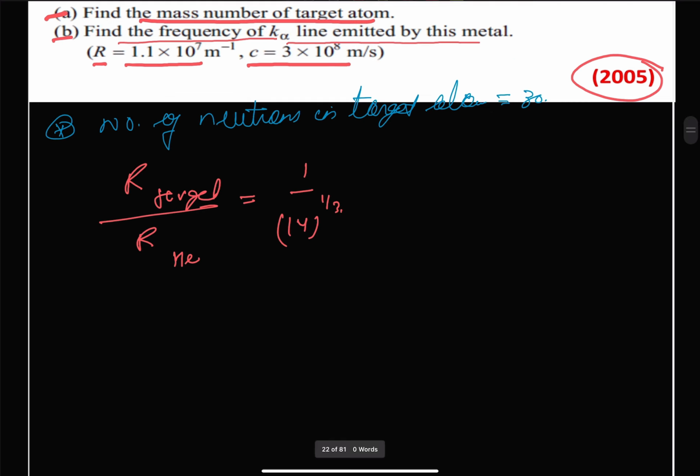First of all, we are supposed to find the mass number, and for that we are going to use the nuclear radius formula.